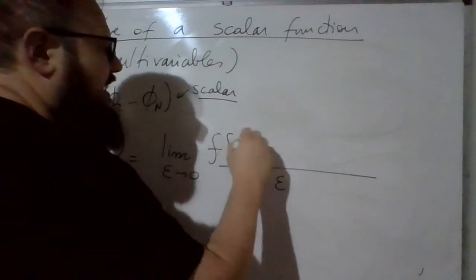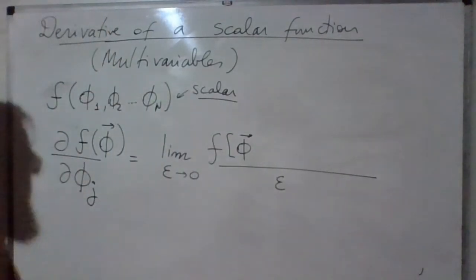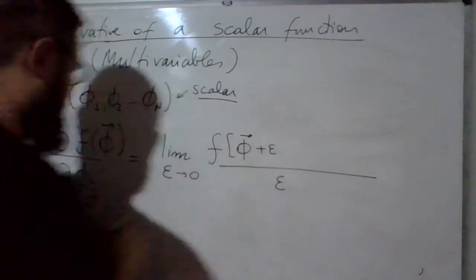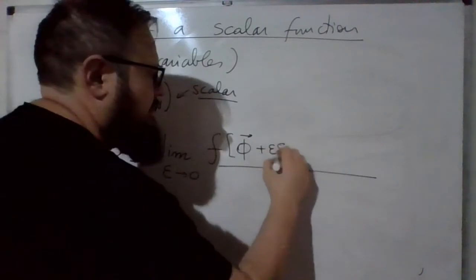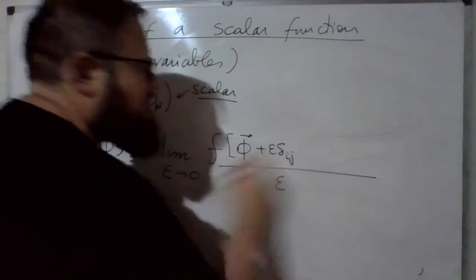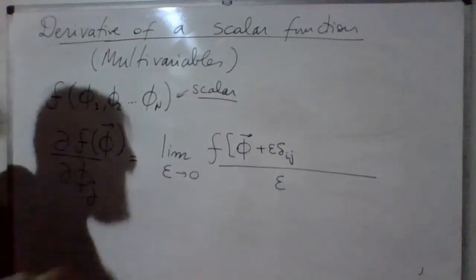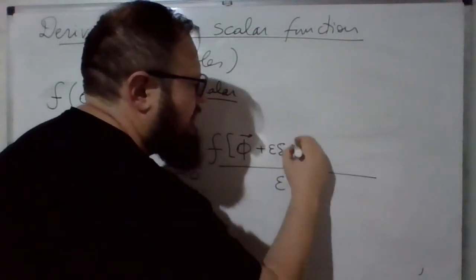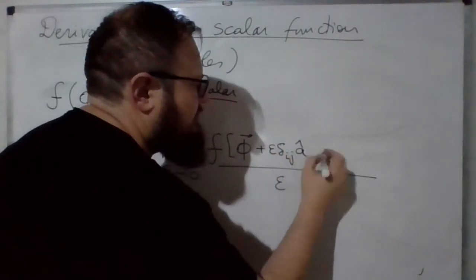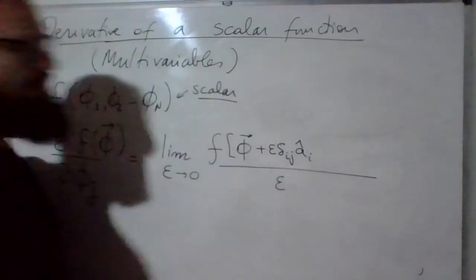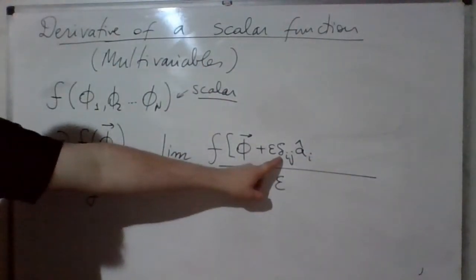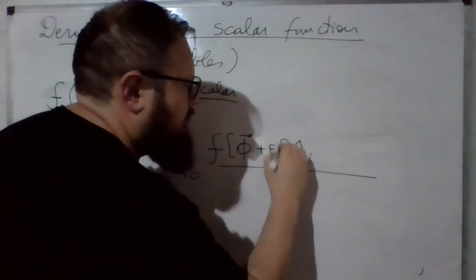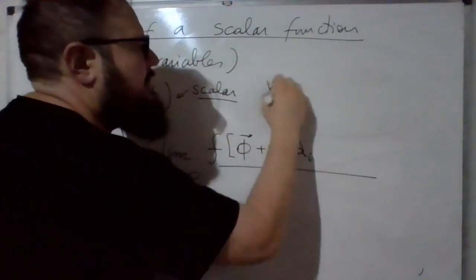The vector phi plus some epsilon delta ij, summed over all the directions, a subindex i here. This delta represents a Kronecker delta.